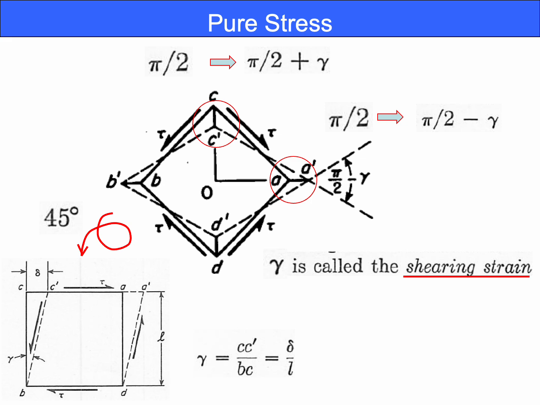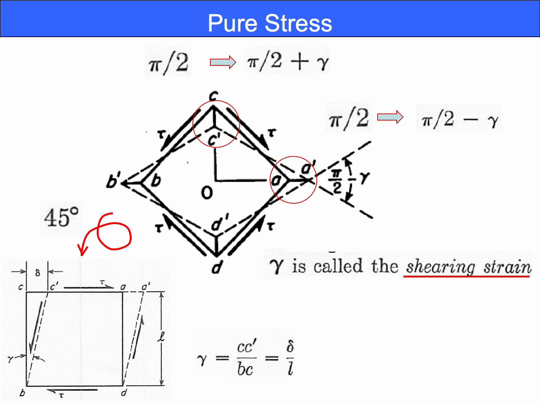The square element is deformed into a rhombus shape as shown here, shown in broken lines, A prime, C prime, B prime, D prime. The corner point A moves outward to A prime, B moves outward to B prime, C moves downward to C prime, and D moves upward to D prime.